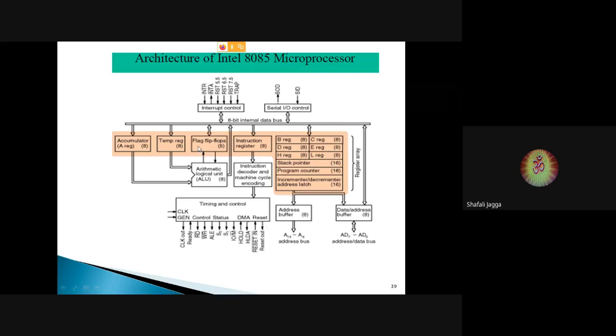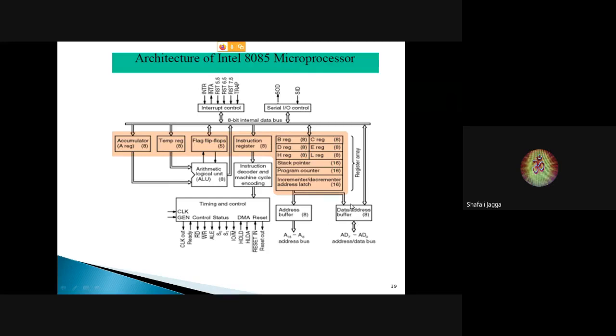Then after the registers, we talk about the address and data bus. As we know, the 8085 microprocessor has a 16-bit address bus and an 8-bit data bus. The 16-bit address bus is divided into two parts: the upper address lines A8 to A15 and the lower address lines A0 to A7.